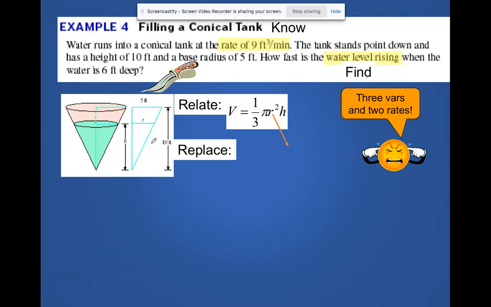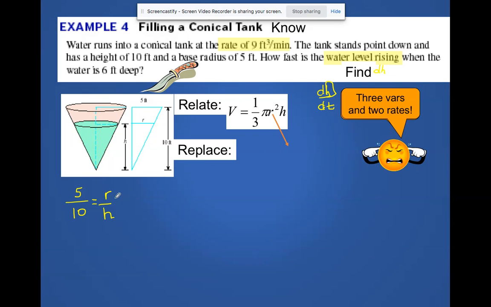Since these two triangles are similar, you can write the equation. Oh, let me change. Sorry, I didn't know why I did blue. That the side of the big triangle to the height of the big triangle is in proportion with the side of the small triangle and the height of the small triangle. Since I want to find dh/dt, I want to get rid of r.